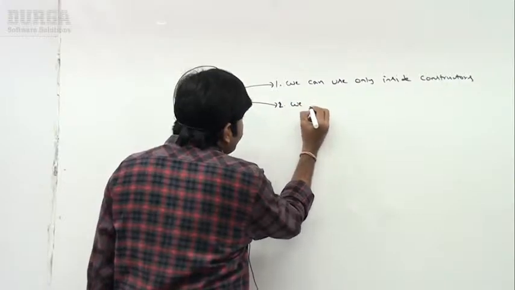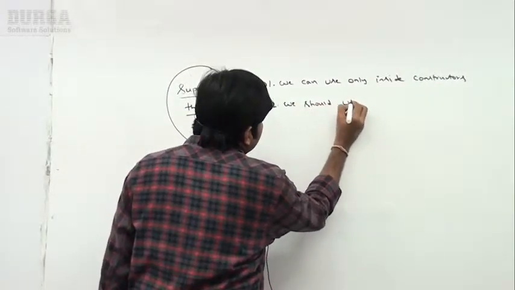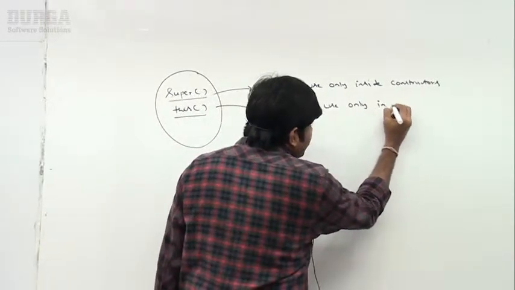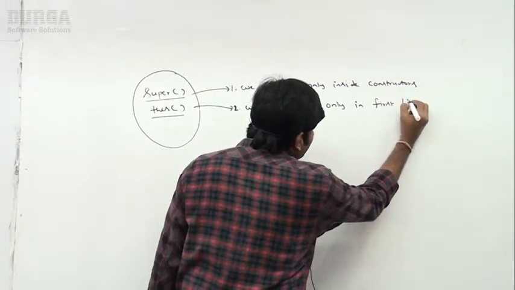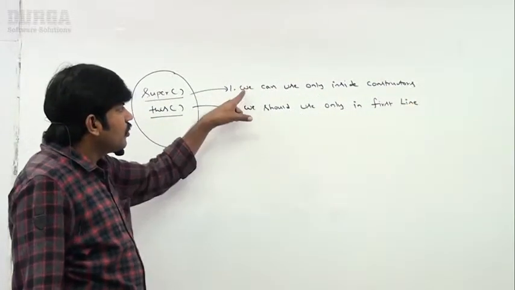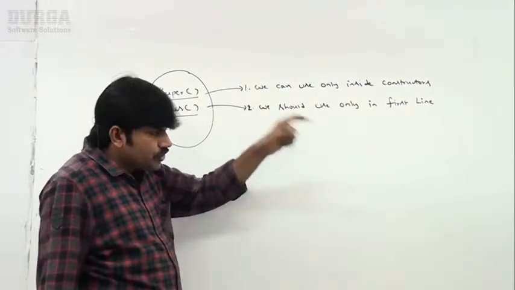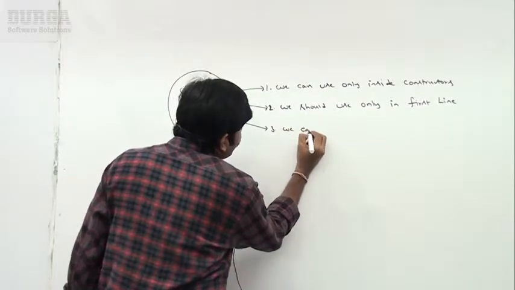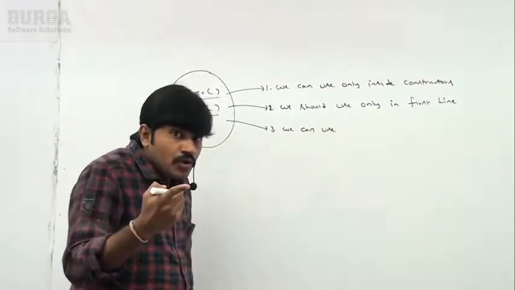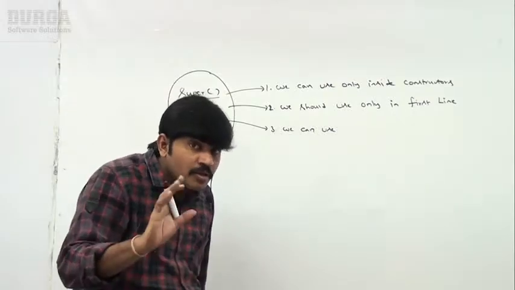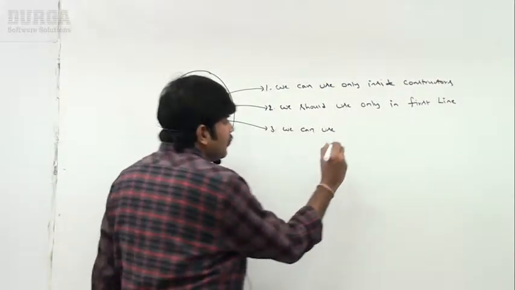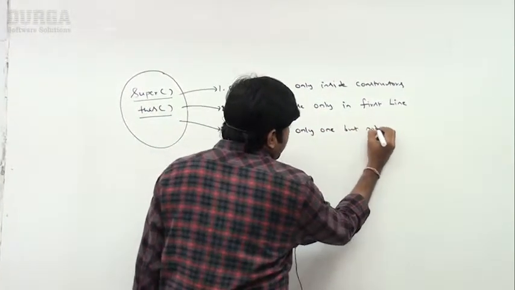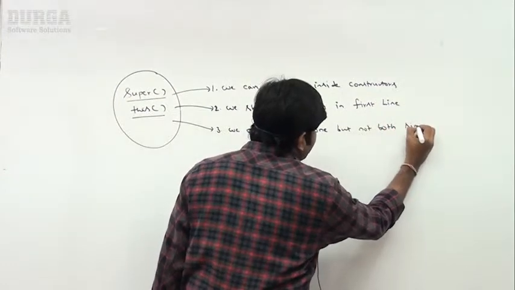We should use them only in the first line. So we can use them only inside a constructor, and we should use them only in the first line. Next, we can use only one, either super or this, but not both simultaneously.